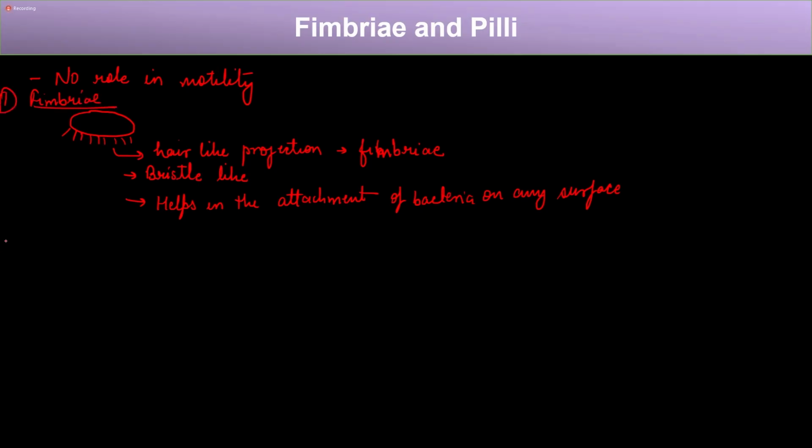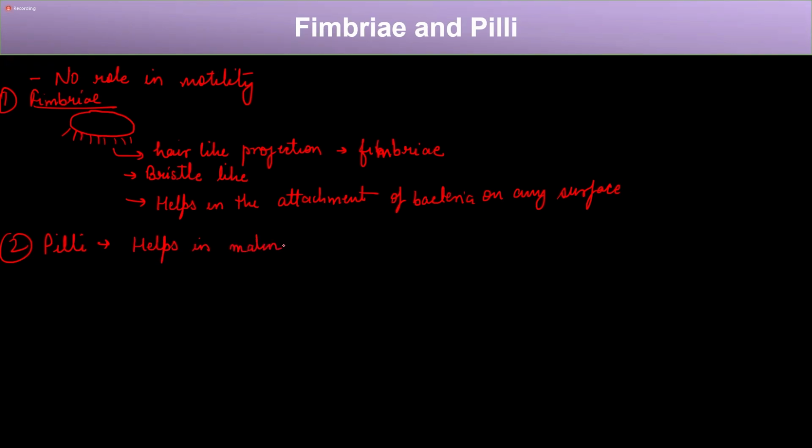Now the first one was fimbriae. The second one is pili. Pili again has no role in motility. So what is the work of pili? Pili helps in mating.